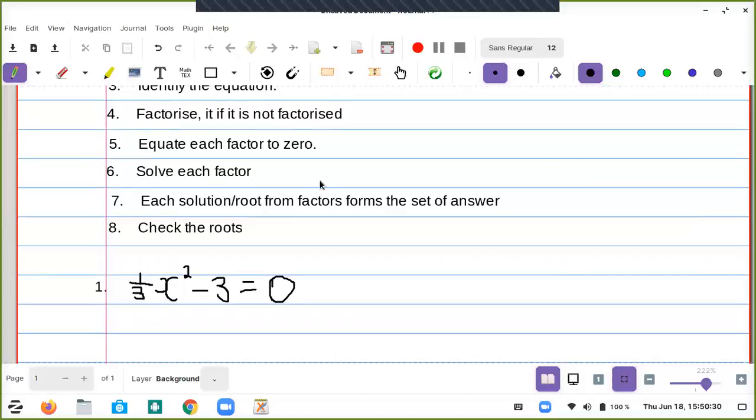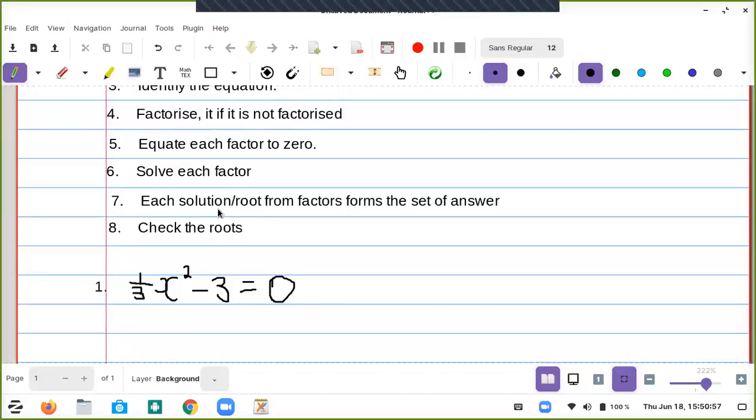Then number 7, I am now having solutions or answers, which we call roots in most cases when we are dealing with equations. So these roots will then form a set of answers for the equation.